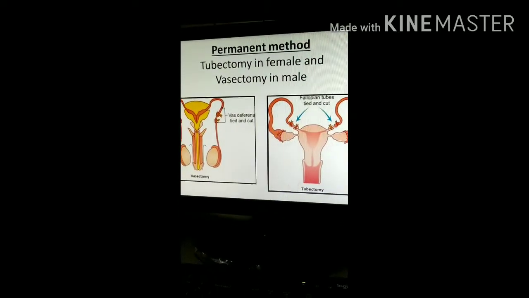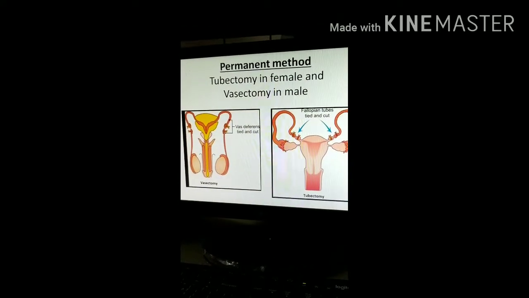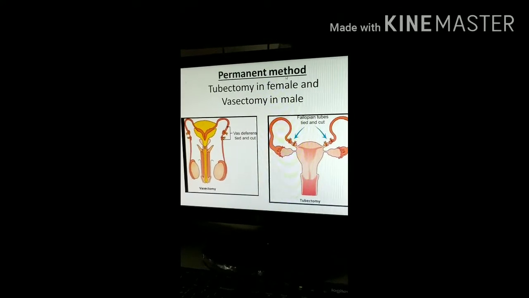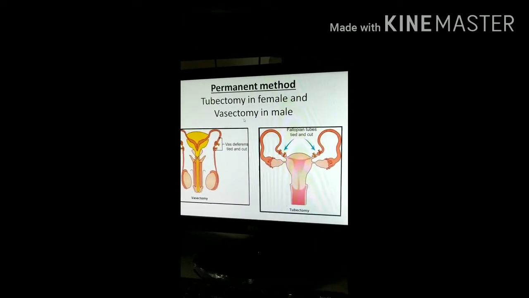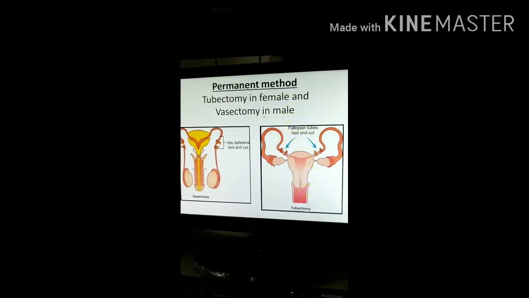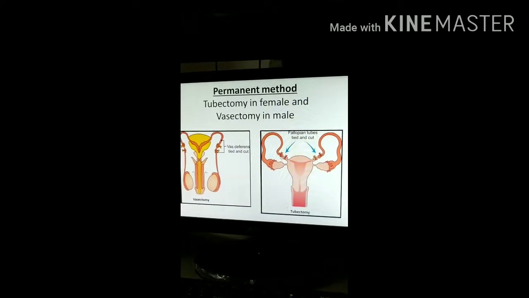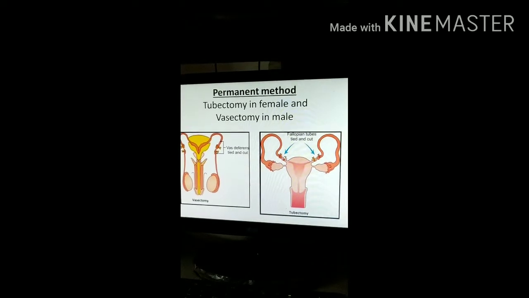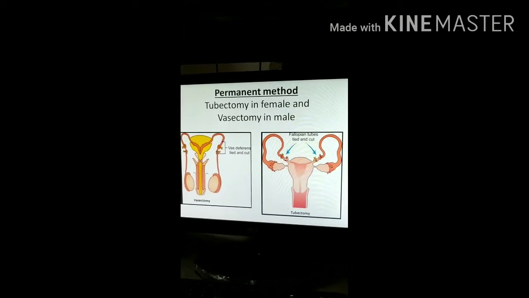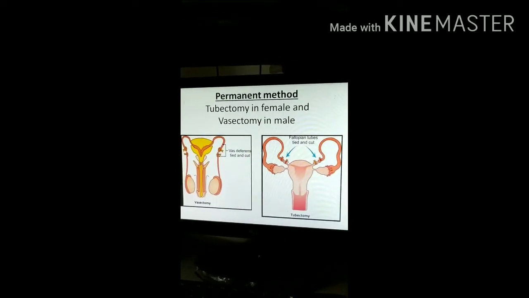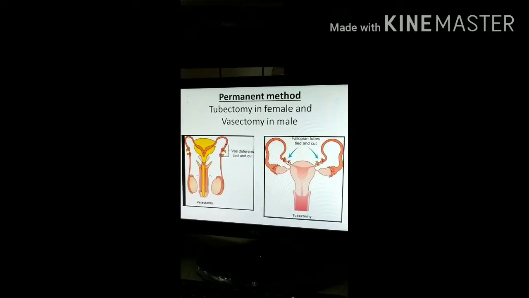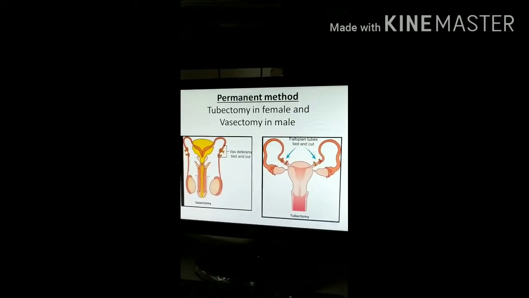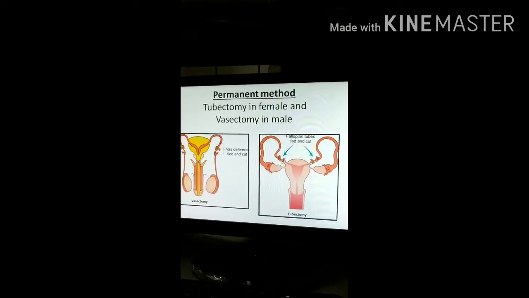But there are also permanent methods. Tubectomy in case of female and vasectomy in case of male. What is tubectomy? There is ligation: first the uterine tube is cut and both ends are ligated.